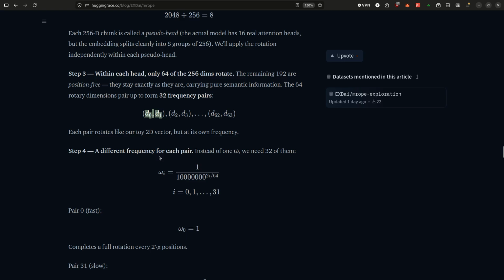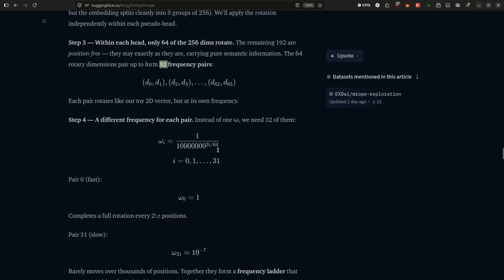This pair, dimension 0 and dimension 1, rotate a certain amount per index. This pair rotates a little bit less. The next one even less. The next one even less, until the last one barely rotates at all. Okay? So it goes from fast to slow. So we do a different frequency of rotation for each of these 32 pairs of dimensions.